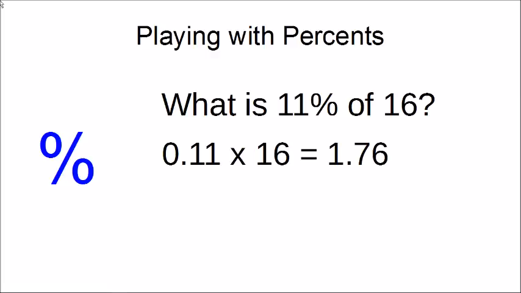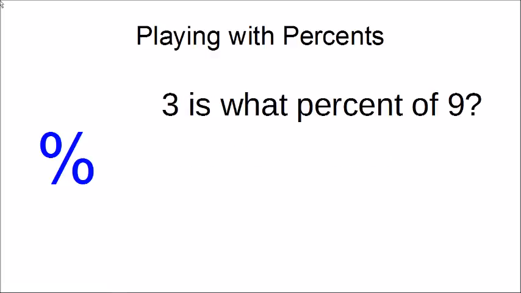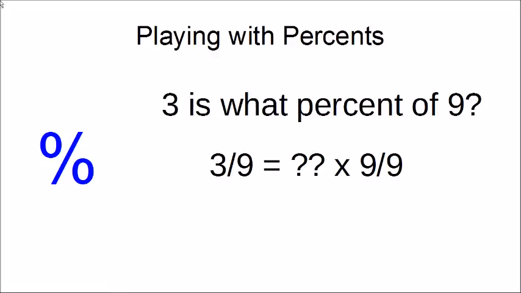Now how about this problem? 3 is what percent of 9? Now mathematically we can write that like this. 3 is what percent of 9? And basically we'll make a fraction by dividing both sides of the equal sign by 9. And we'll get 3/9 equals something times 9/9. And 9/9 is actually anything over anything is 1.